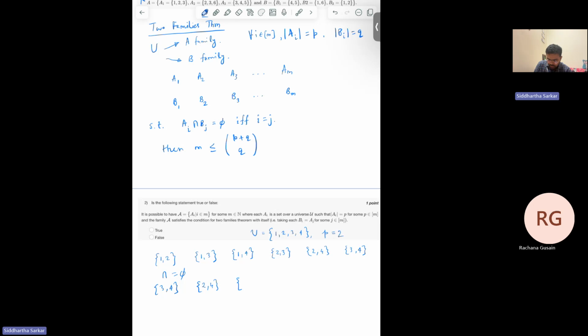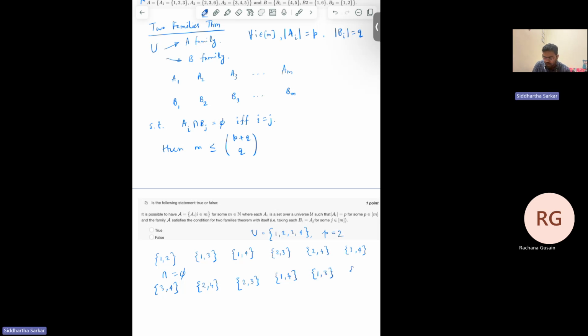So on, I will write down everything. The complement of 1, 4 with respect to the universe 1, 2, 3, 4 is 2, 3. The complement of 2, 3 with respect to the universe is 1, 4. The complement of 2, 4 is 1, 3.